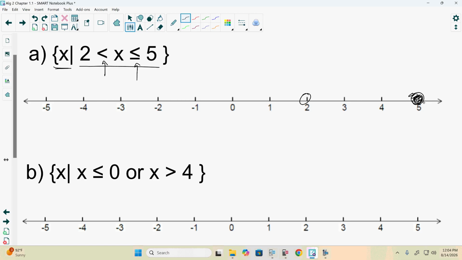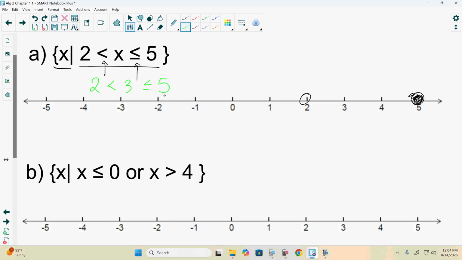And because it's bounded, we need to shade all the points in the middle. I've referenced this the other day or the last few days. We can always check or pick a point and see if it works. If I wanted to check 3, there's a point between the two. We can see, is 2 less than 3 less than or equal to 5?